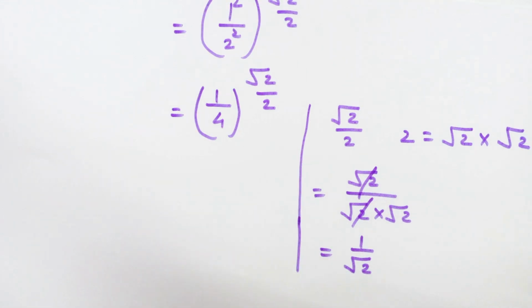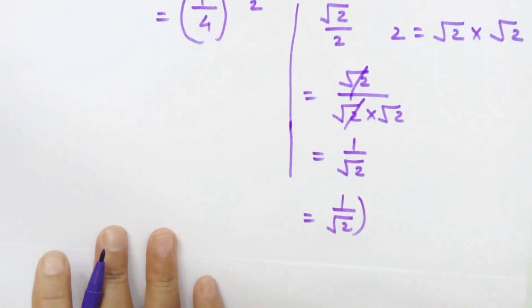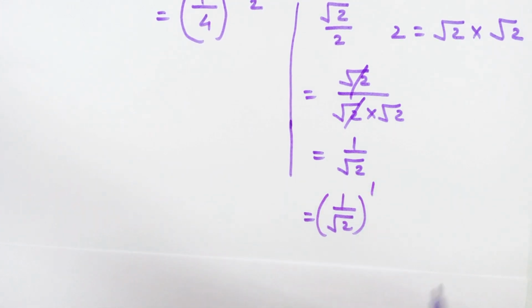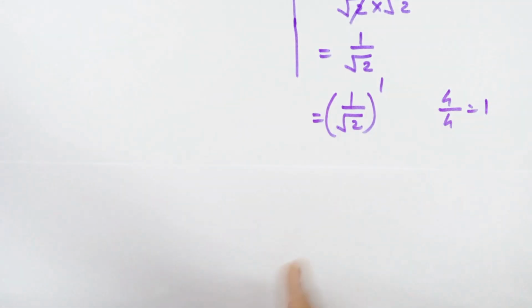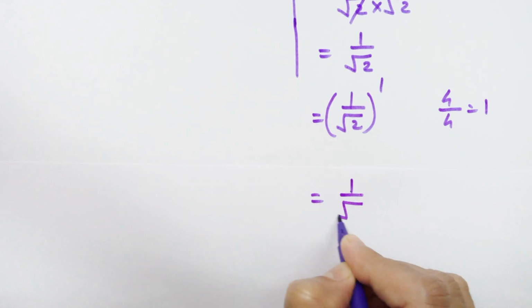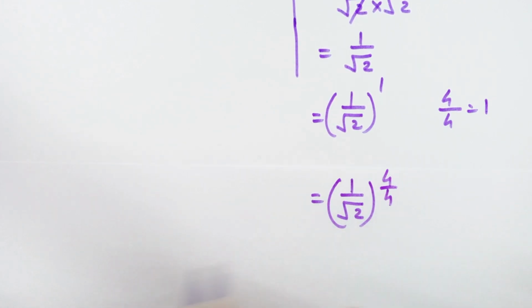Now we all know that there is 1 in exponent in every value. So we can write 1 upon under root 2 whole raised to 1. Now 4 upon 4 is equal to 1. So we can write 1 upon under root 2 whole raised to 4 upon 4.